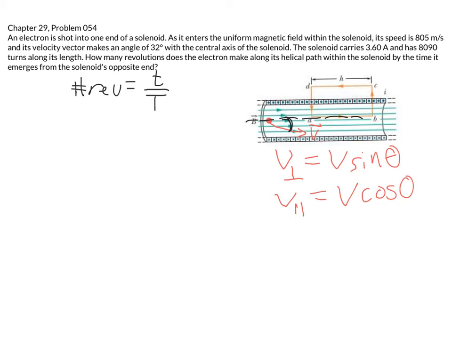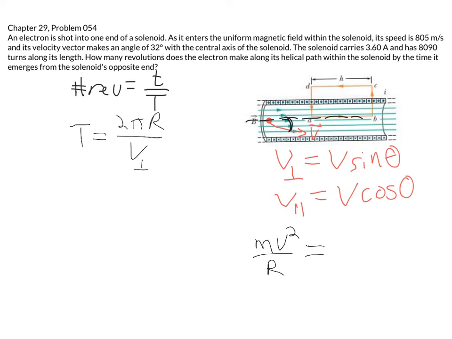So I know from uniform circular motion that the period is equal to 2 pi times r over the speed it's moving, v, which in this case is the perpendicular component of the velocity. That sounds good, but I don't know r. So I'm going to see if I can relate this to the rotational mechanics I know. When it's undergoing uniform circular motion, my net force, m v squared over r, is going to be equal to the force given by the B field that causes the circular motion.